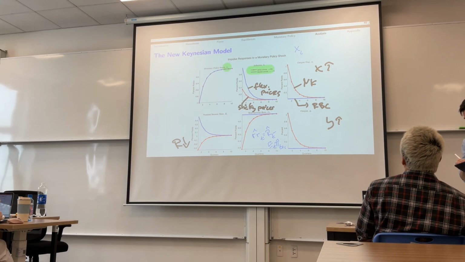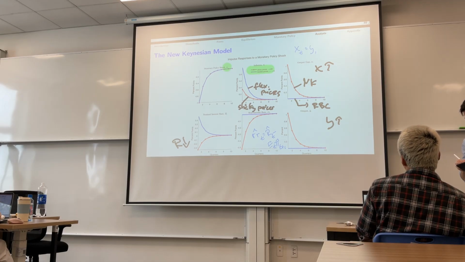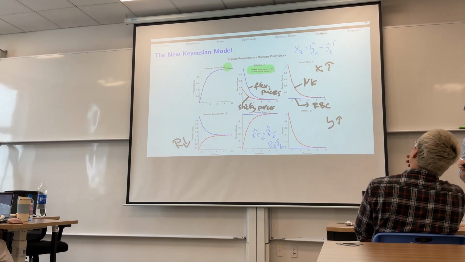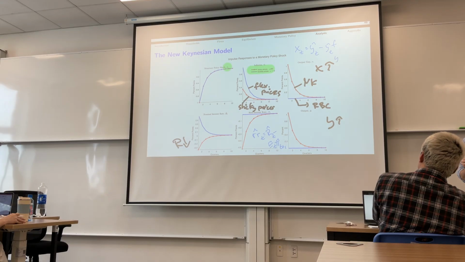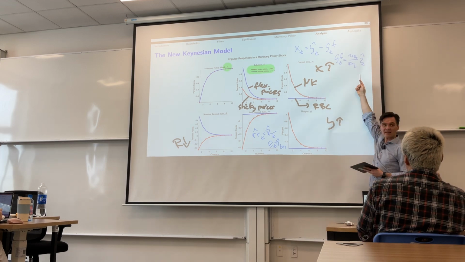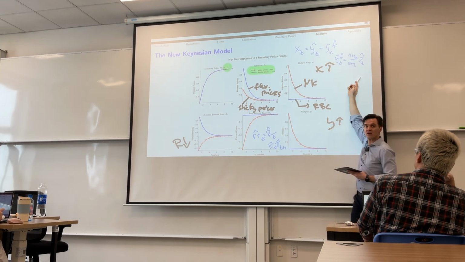So the definition of the output gap was output, in deviation from steady state, minus y_t hat f. That's the definition of the output gap. And flexible price output, we had worked out, is (1 plus eta) over (sigma plus eta) times z_t hat. Flexible price output is only affected by technology shocks. This is not the shock.